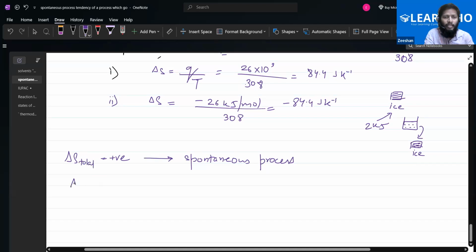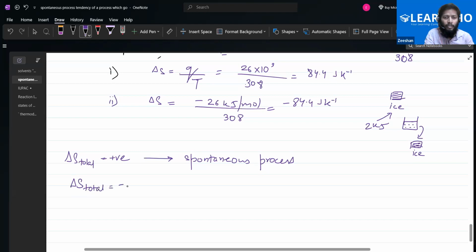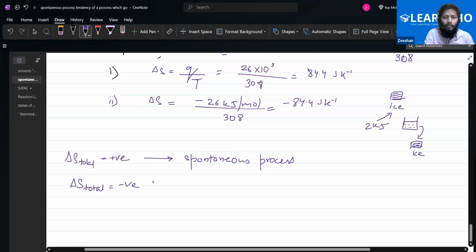But if delta S total is negative, the process will be non-spontaneous.